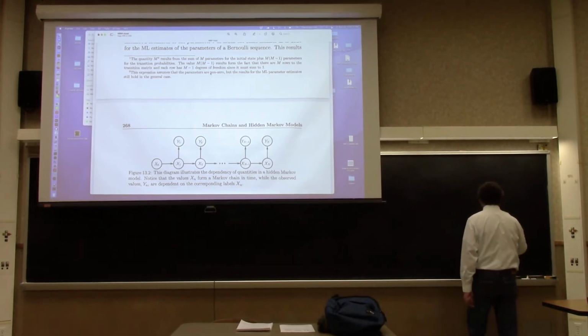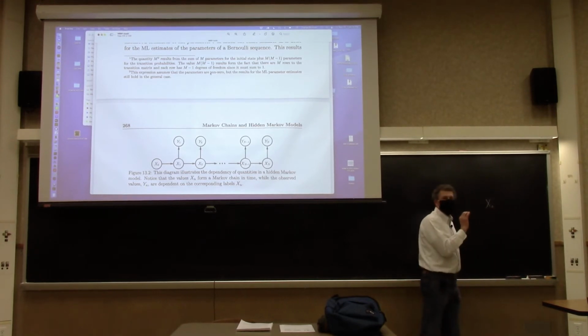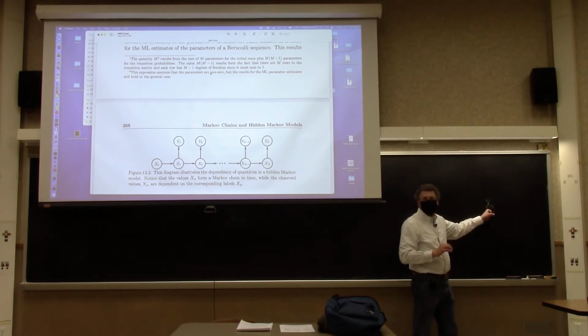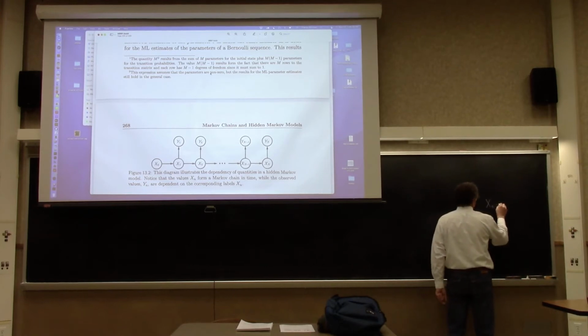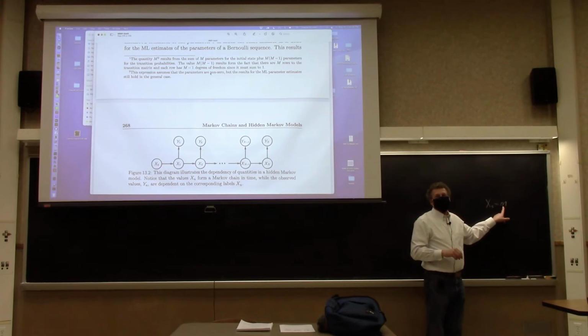So I have x0, right? That's a random variable. It's the value of this first initial state, right? And it's equal to m. What does that m represent? It's the state, right?